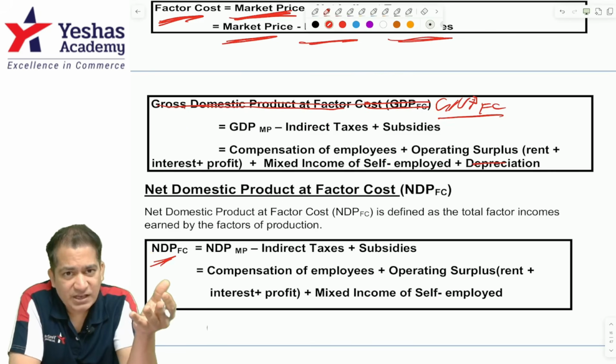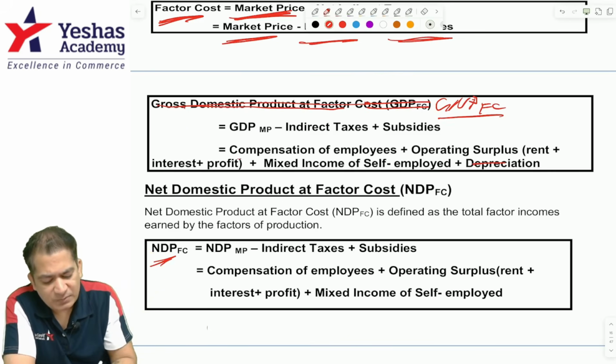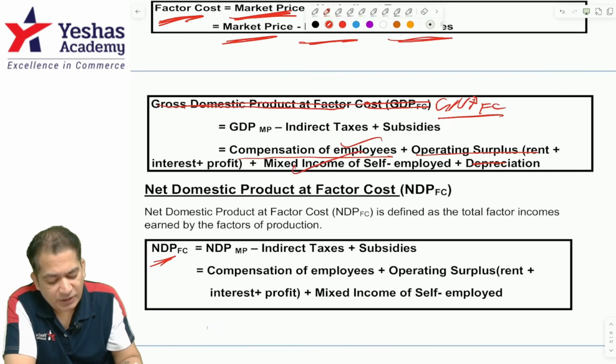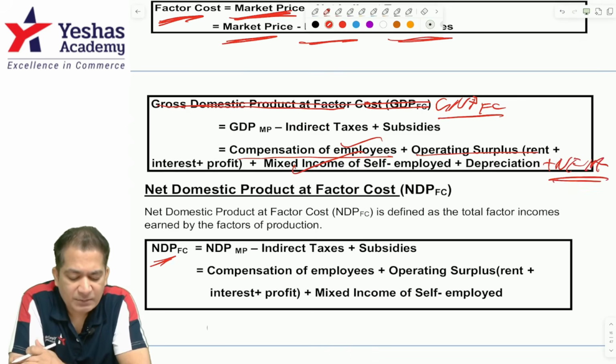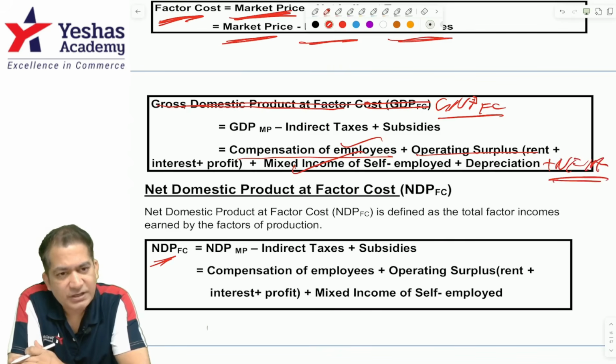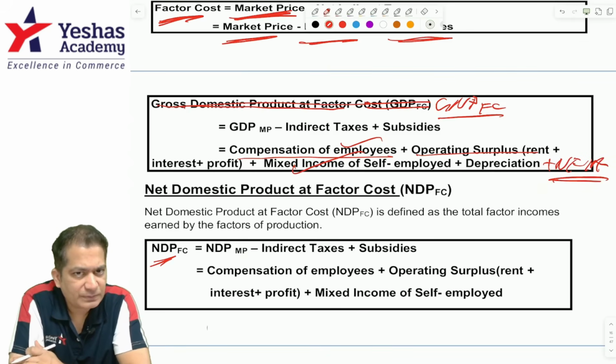We are calculating GNP, so everything remains the same. Compensation of employees, operating surplus, mixed income of self-employed, plus depreciation, everything will remain the same. But additionally, we will add NFIA. When I do that, GDP at factor cost changes to GNP at factor cost.